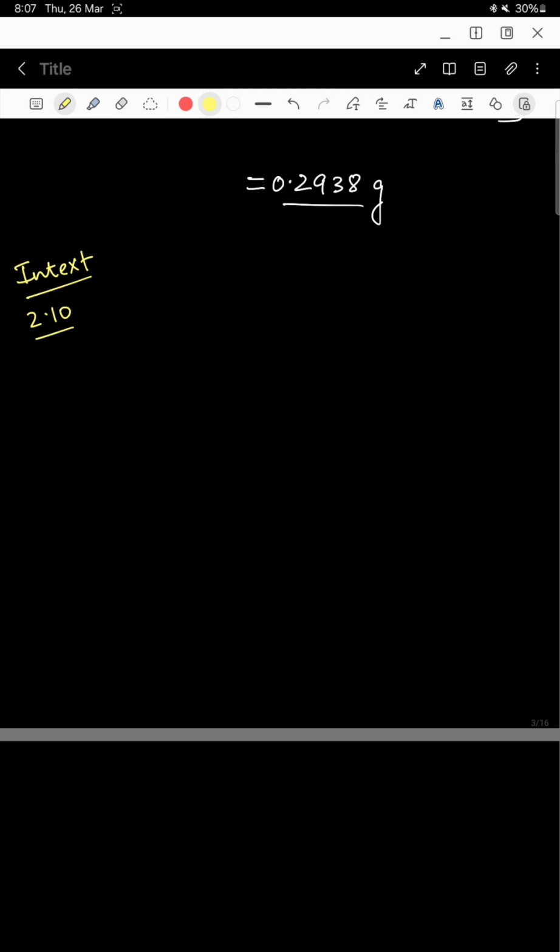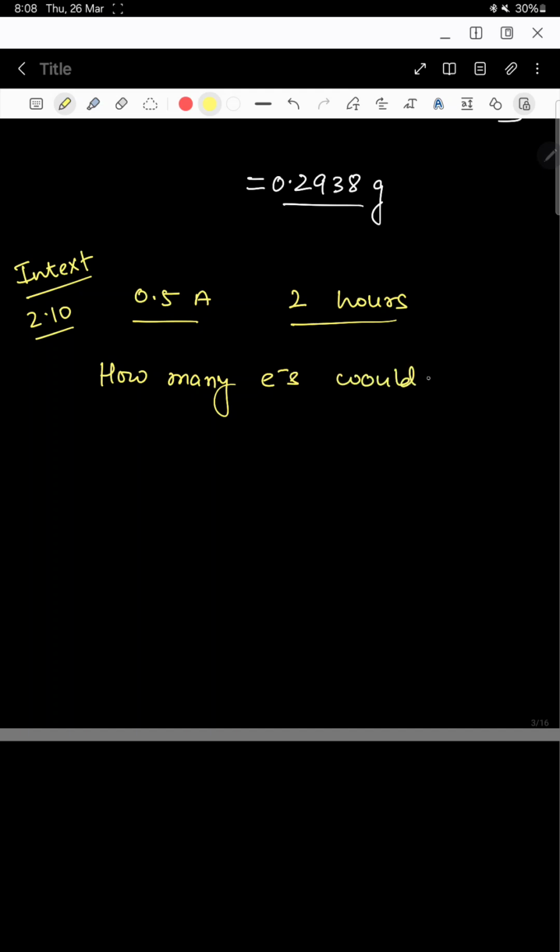So if a current of 0.5 ampere passes through a metallic wire for 2 hours, how many electrons would flow through the wire? So this is the question.